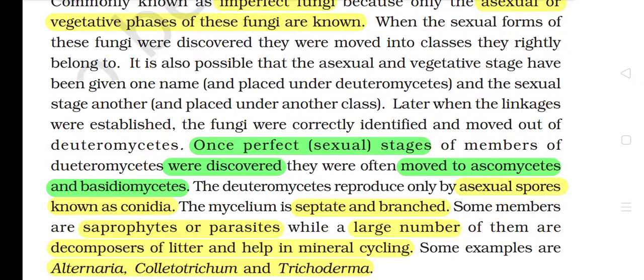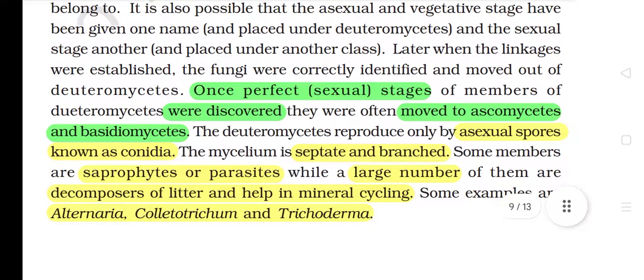Later, when the linkages were established, the fungi were correctly identified and moved out of Deuteromycetes. Once perfect sexual stages of members of Deuteromycetes were discovered, they were often moved to Ascomycetes and Basidiomycetes.